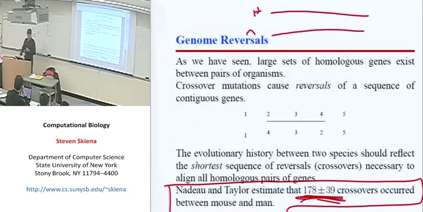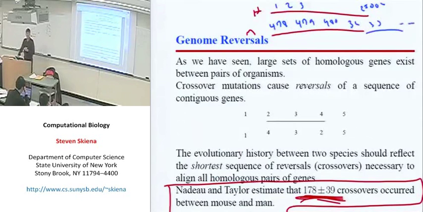So if we numbered the human genes from 1 to 25,000 in the order in which they appear in the genome, the mouse genome is going to have a gene that is first, maybe homologous to our gene 478, 479, 480, 32, 33. Does everybody get this idea?